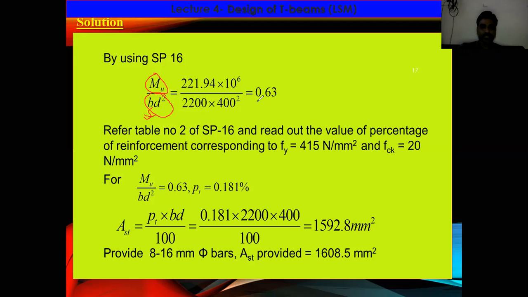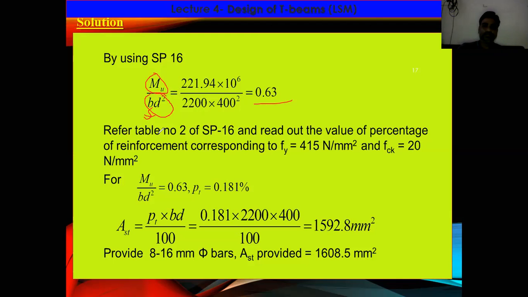So here you got Mu by bd square equal to 0.60. And the SP 16 code is also allowed for use in the design of RCC structures, right?